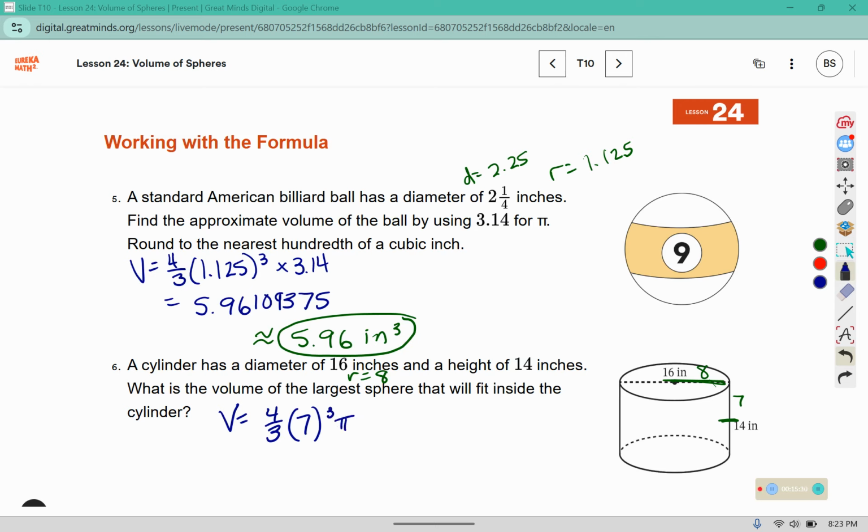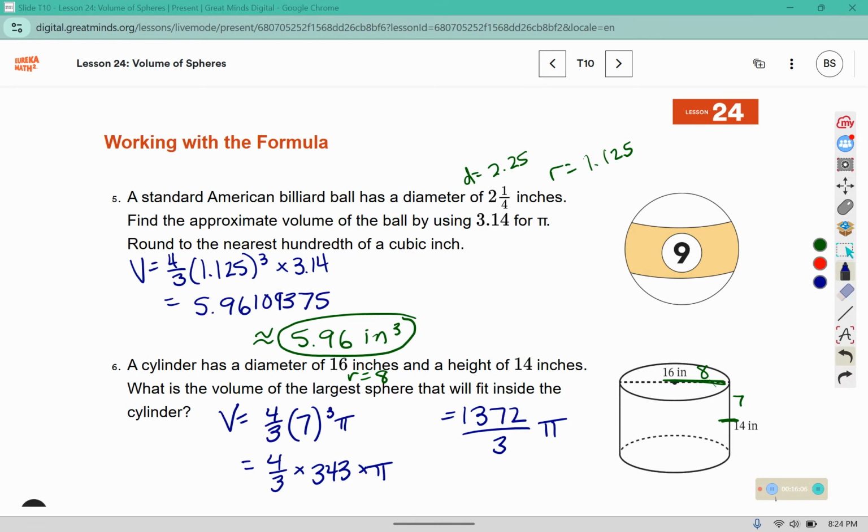So 7 cubed. That's 7 times 7 times 7, which is 343. We'll multiply by 4. 1,372 over 3 multiplied by pi.